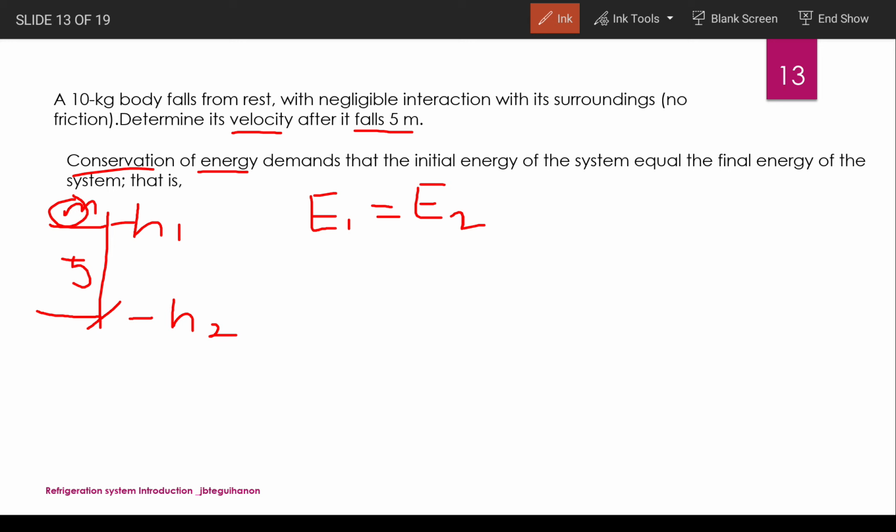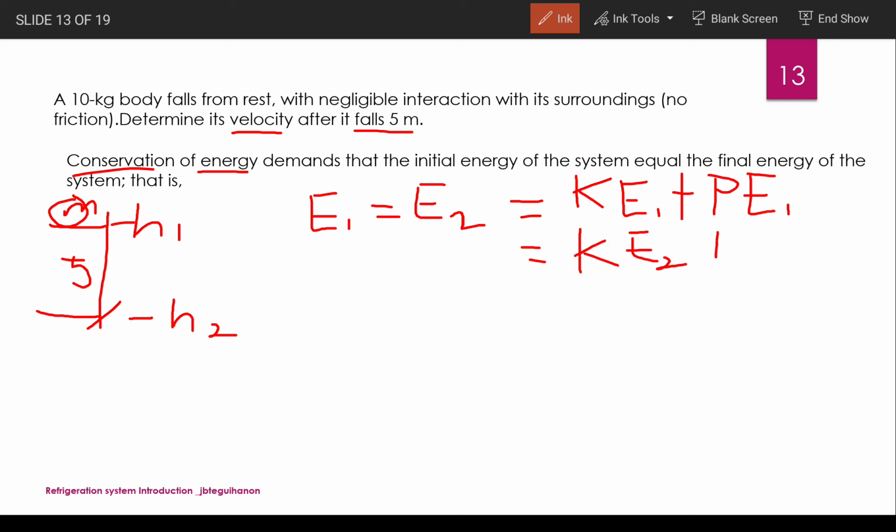Now with this, energy actually is equal to kinetic energy plus potential energy. You have a potential energy here because of the location, 5 meters from the ground, because it's falling. So you can say that kinetic energy 1 plus potential energy 1 is equal to kinetic energy 2 plus potential energy 2, right?